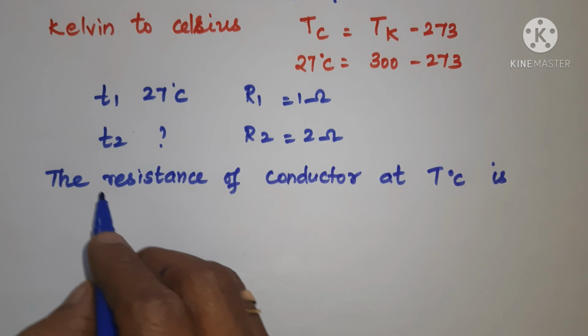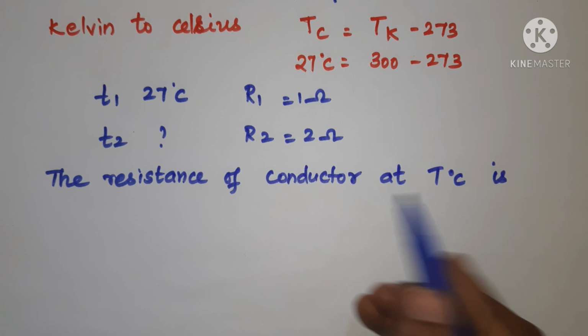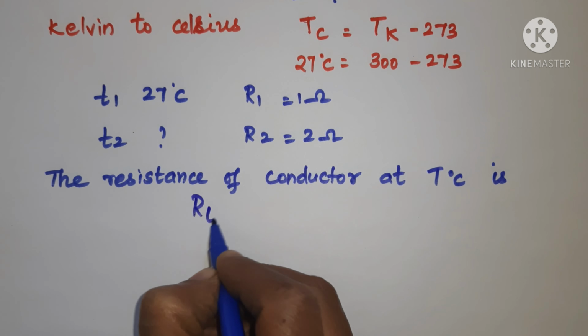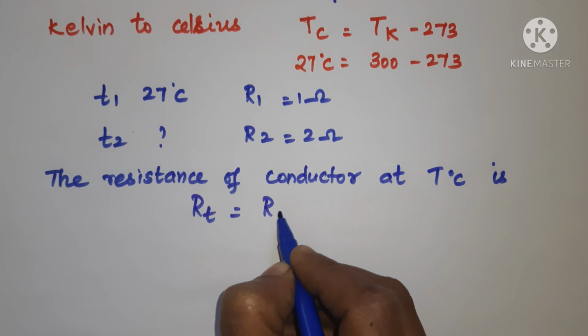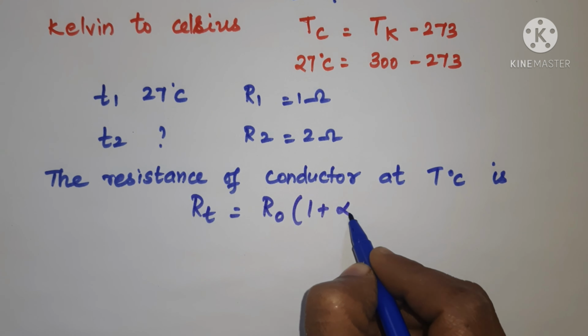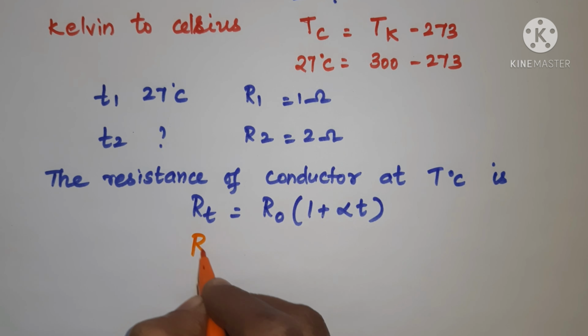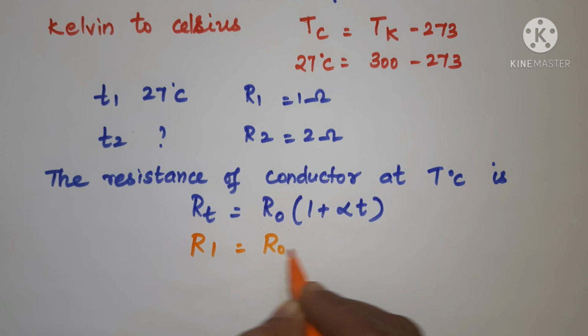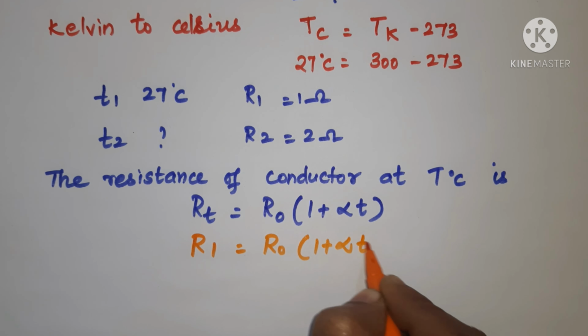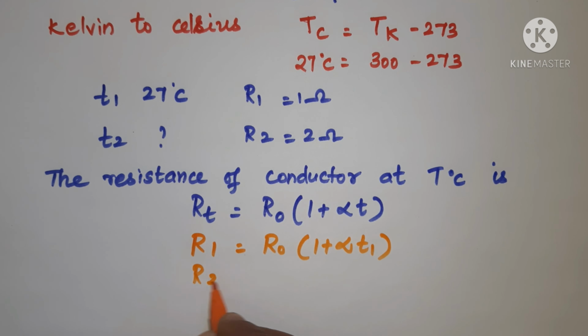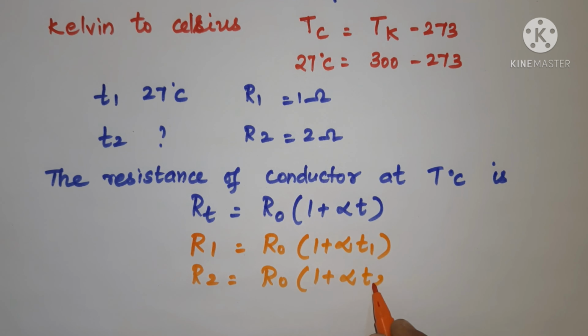Now the resistance of the conductor at T degrees Celsius is RT is equal to R0 into 1 plus alpha T. So we shall write now that to be R1 is equal to R0 into 1 plus alpha T1 and R2 is equal to R0 into 1 plus alpha T2.